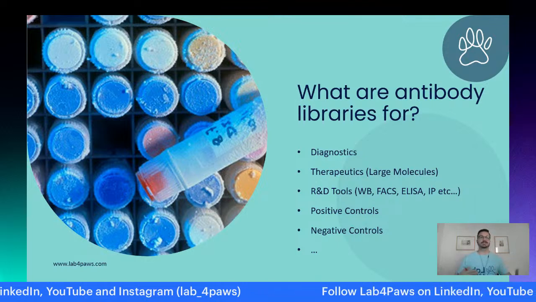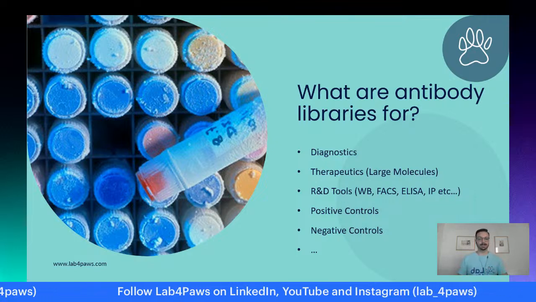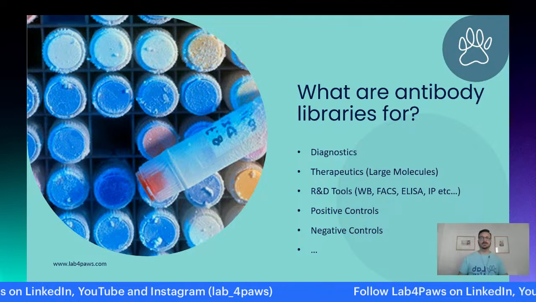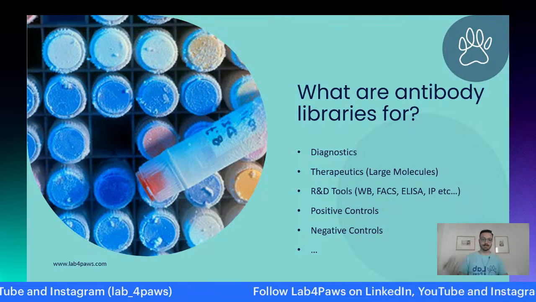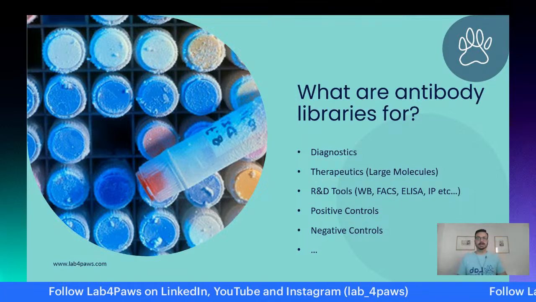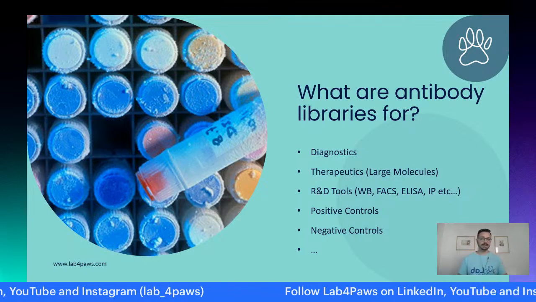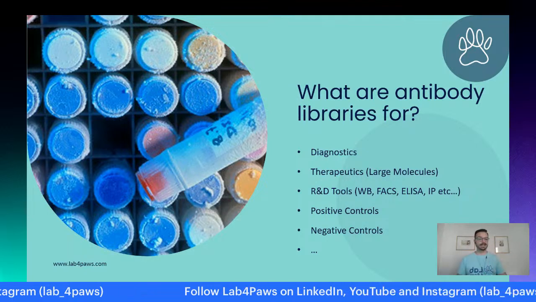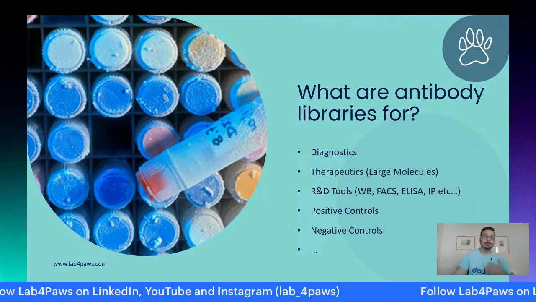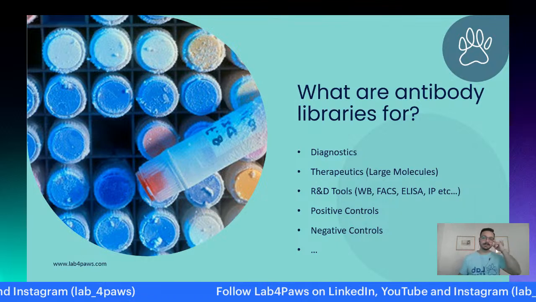But there will obviously be some differences if I'm designing an antibody library for diagnostics or for therapeutics, or if I want to use it just for R&D tools. Maybe I want to produce kits or antibodies that will be used for a Western blot, for FACS, flow cytometry, for an ELISA, for an immunoprecipitation, or maybe I want to do just an inhibition assay. So there will be a lot of differences there.